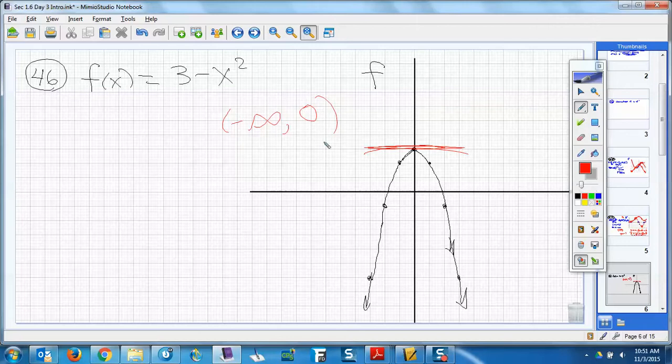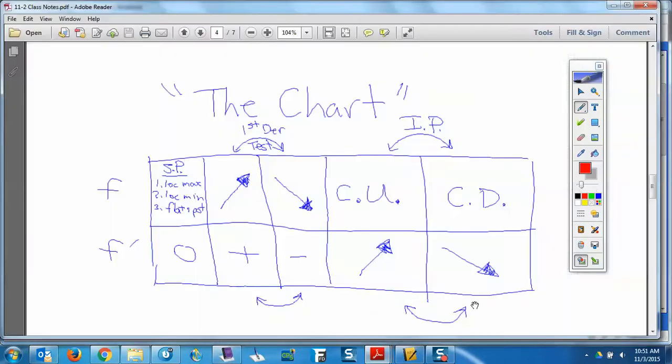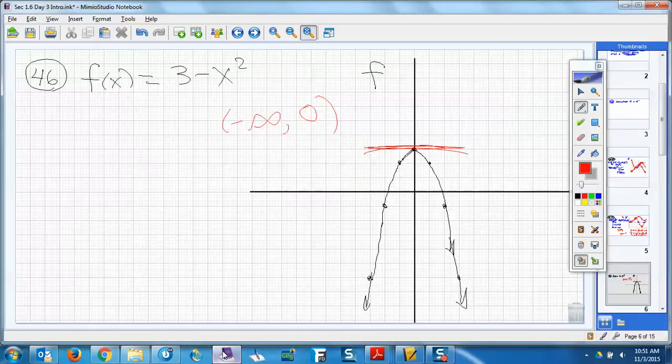Negative infinity to 0. It's when this graph is increasing. This graph is increasing until there. Is F prime increasing at 2? F prime's increasing when F is concave up. Is this graph ever concave up? No. So the answer to that is no.